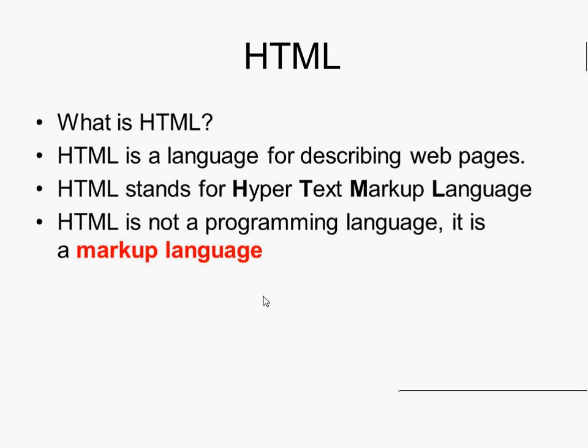That's why this word hyper came from. And markup is like XML, which is another markup language. So we have some tags to define the structure and content of your document.